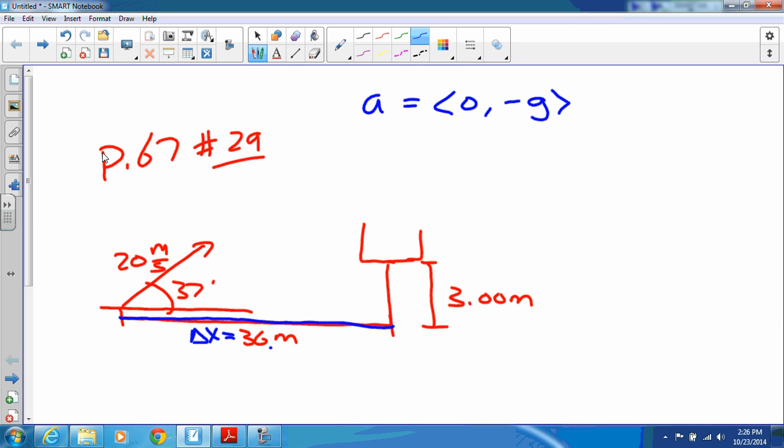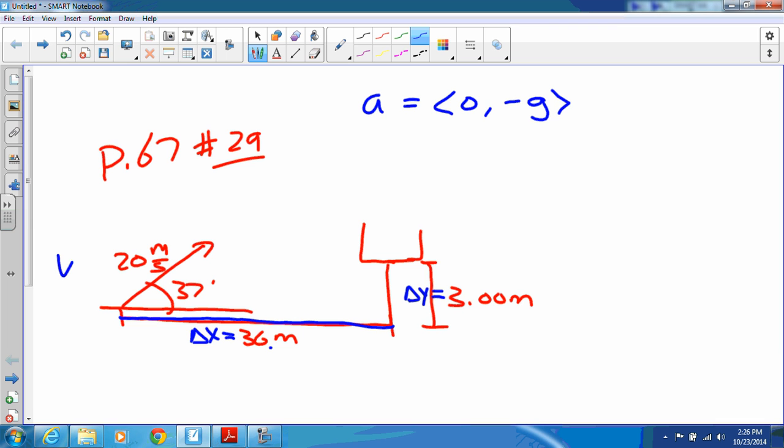Let's think about this carefully. If the football is going to make it, then its height has to be what? Greater than 3 meters. Exactly. It has to be greater than or equal to 3 meters. So we're going to call this a delta y, but it's really the delta y that we hope for rather than the delta y that it actually is going to be.